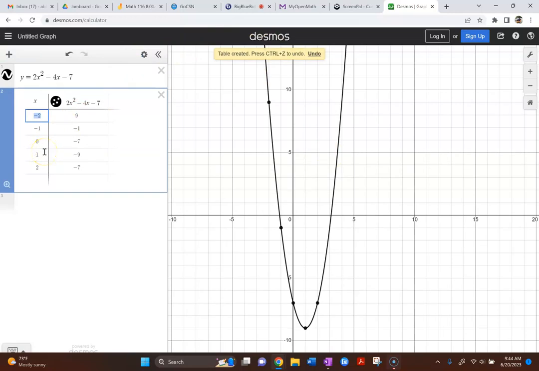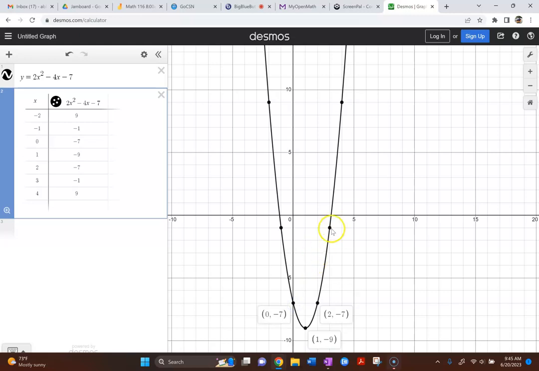My vertex was 1 right here, and so I'd go to the right a couple, and then the left of 1, 0, negative 1, negative 2, and so on. You can see all these points. So there's my vertex. Right to the right 1, to the left 1, to the right 2, to the left 2, and so on. And that was our graph.